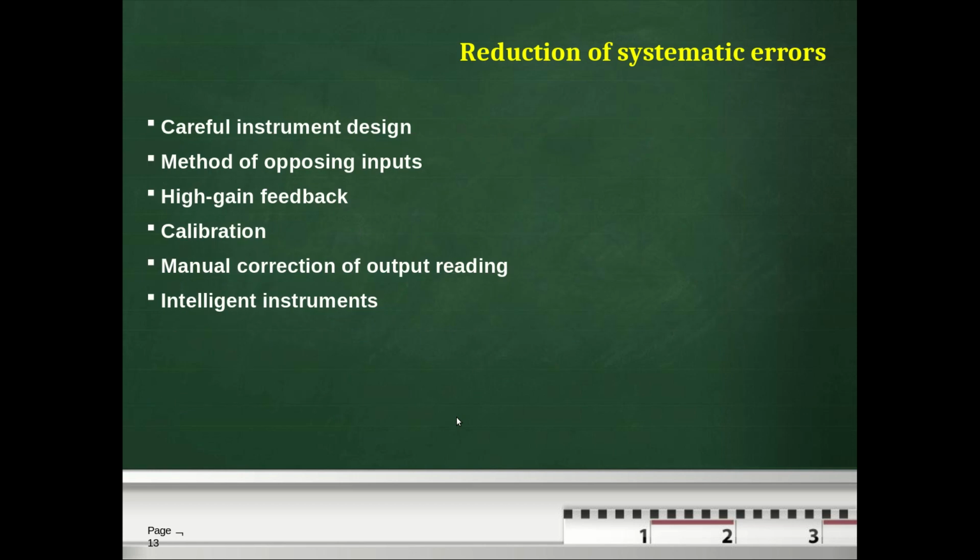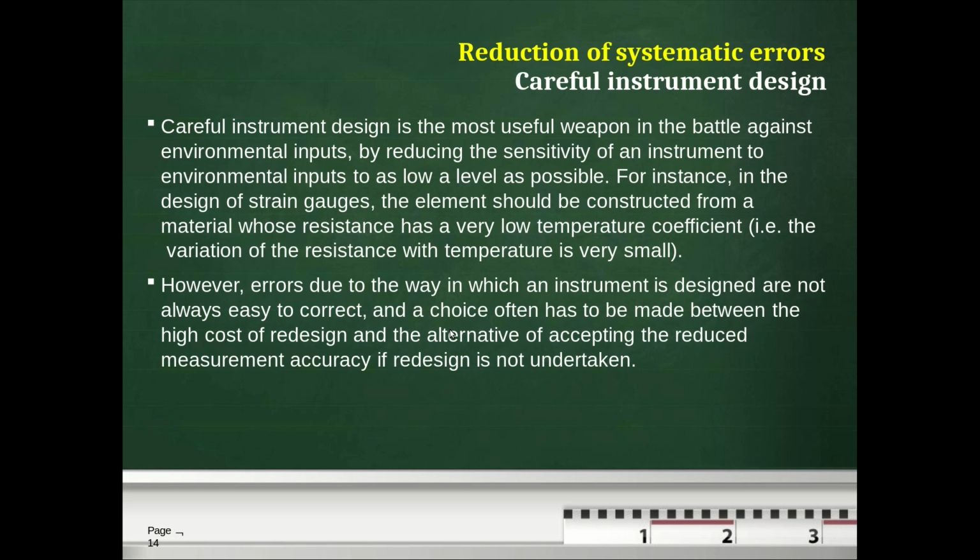Okay, now the reduction. I know now what the systematic error is, and the different causes for these errors. Now how can I reduce it? There are 6 ways of reduction. The first one is careful instrument design. I design the instrument carefully so I reduce the sensitivity of the instrument to the environment inputs as low as possible.